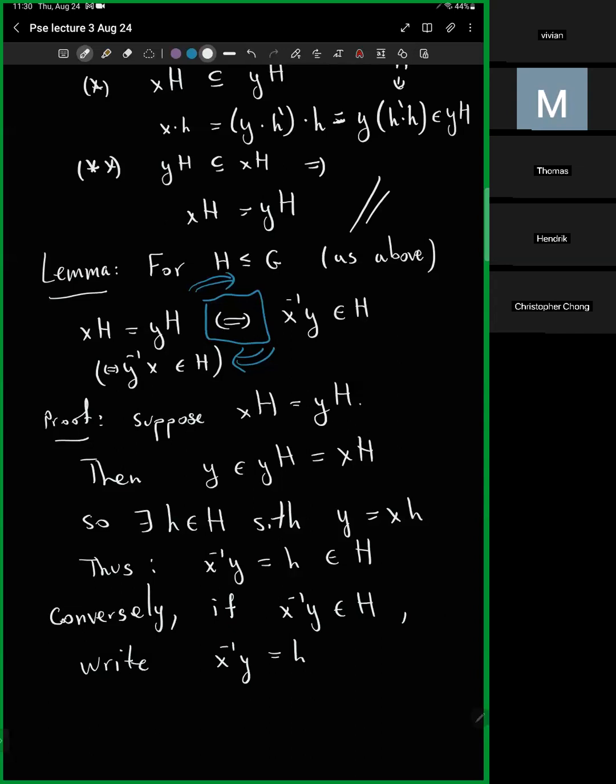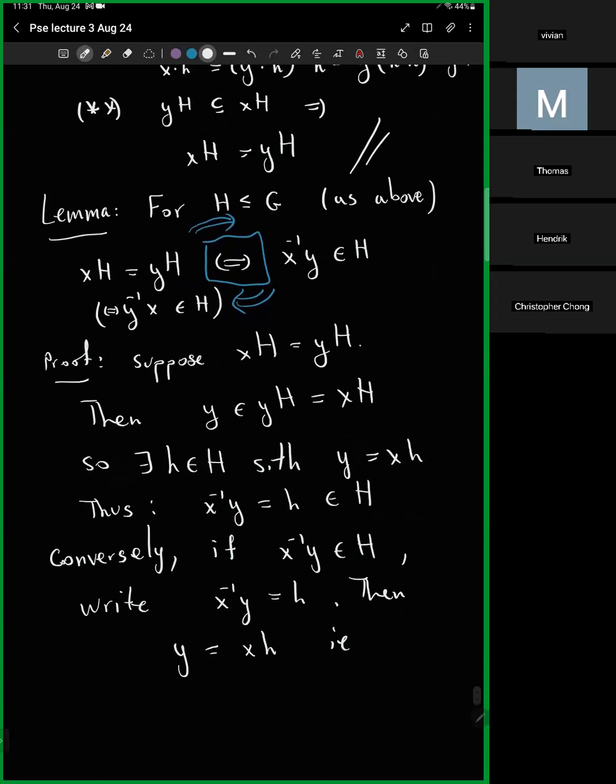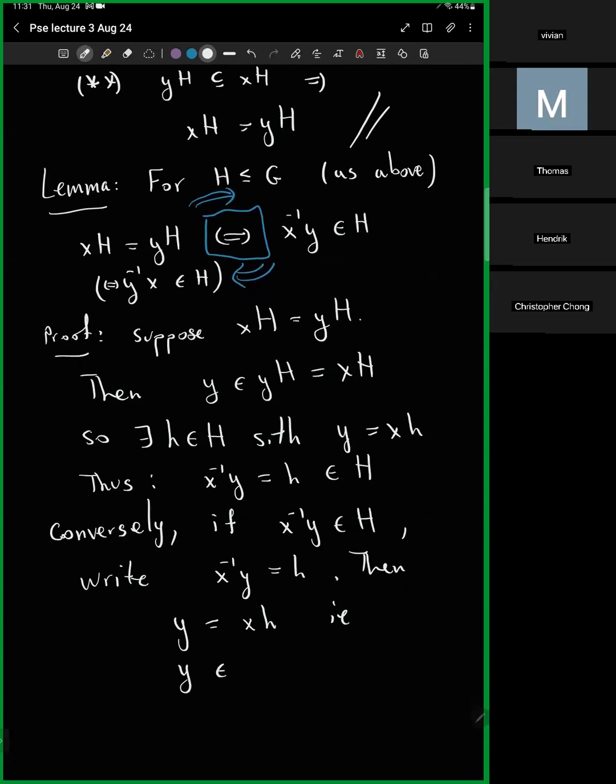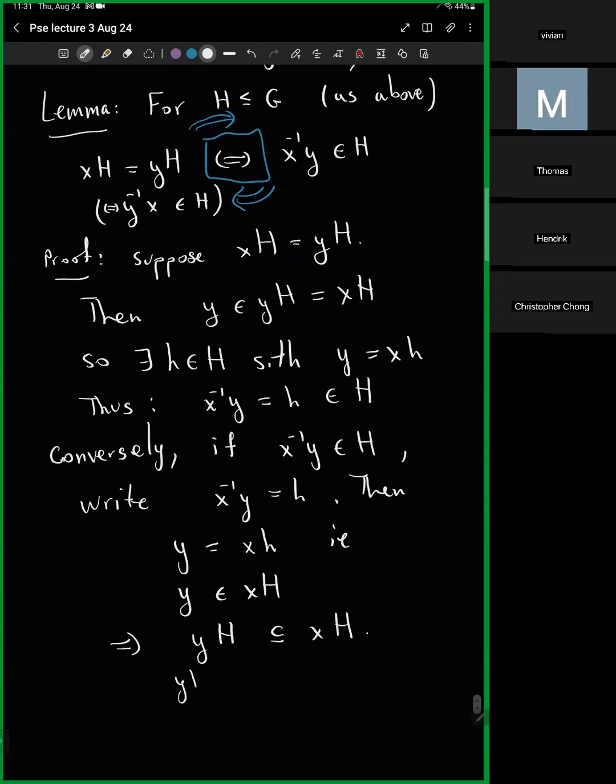Then I multiply this equation by x, and I get y is equal to xh, i.e. y is an element in xH, and as we saw, it really means that the whole yH is included in xH, because an element in yH would be y h prime, and y is some xh.